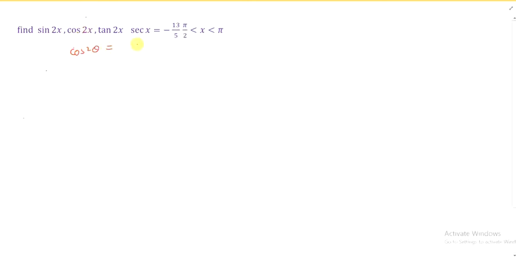cos 2 theta is equal to what? Cos square theta minus sin square theta, isn't it? Or 2 cos square theta minus 1, or 1 minus 2 sin square theta. Now how can we convert these results from this form to another form?